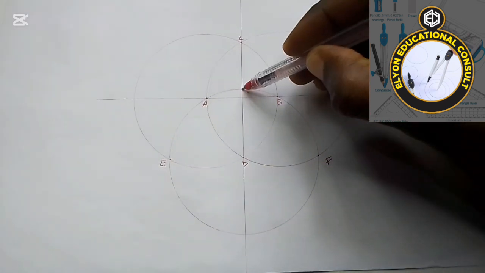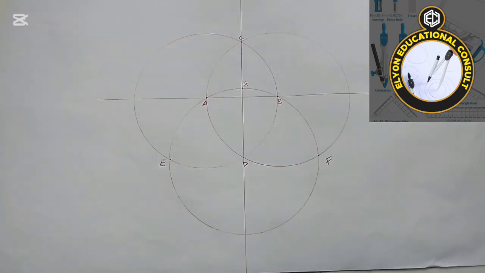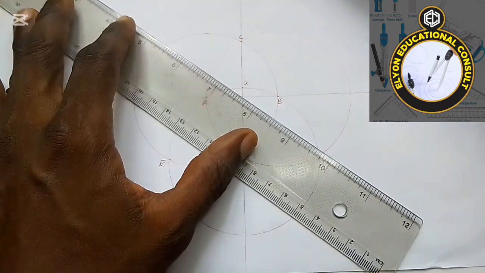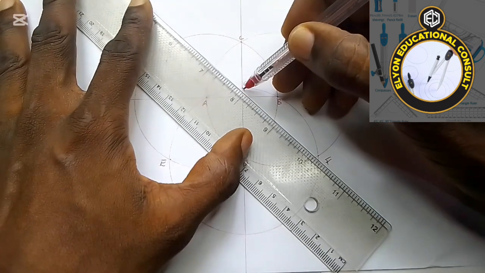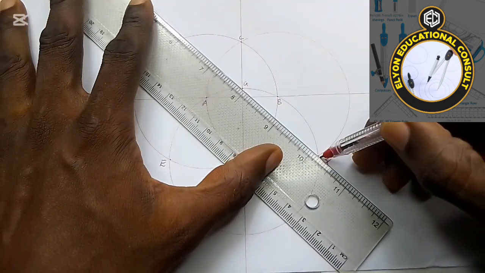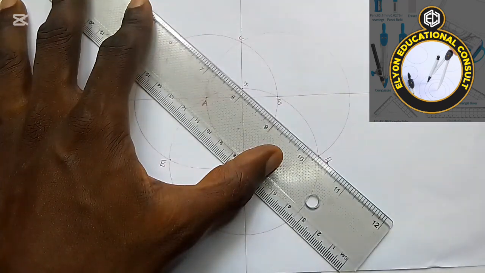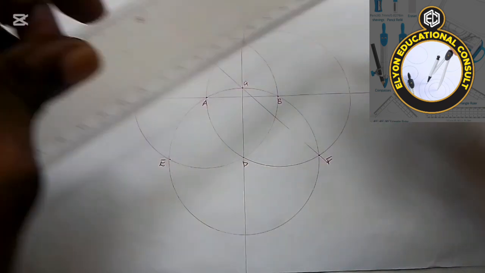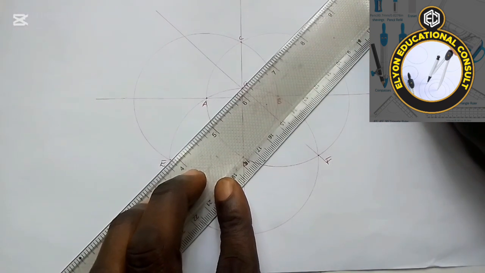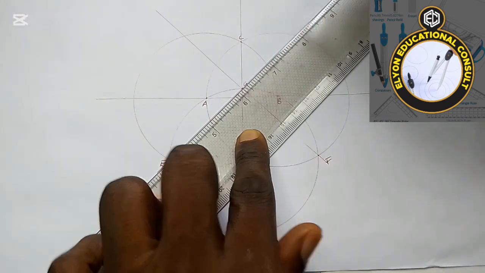If I have F, I can call this point G. The next thing I'm going to be doing, I will join my FG together, extending it to touch the circumference of this circle here. Like this. Then the same thing I will do here, join my EG, extending to touch the circumference of that other circle. So I will go this way. You get that now.